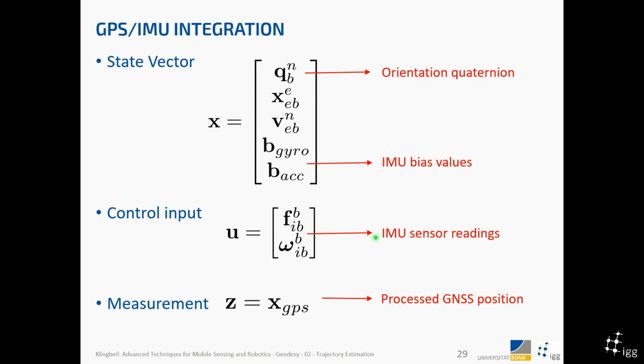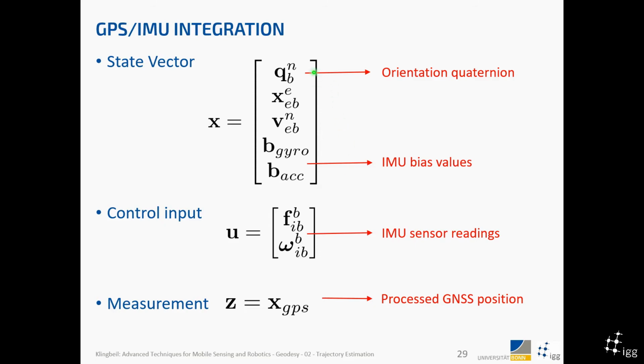The control inputs are the IMU sensor readings. It's specific force here, and it's the angular rate here. It is also 3 axes each, and the measurement is a 3-axis observation as well, like a 3-dimensional GNSS position in this case.